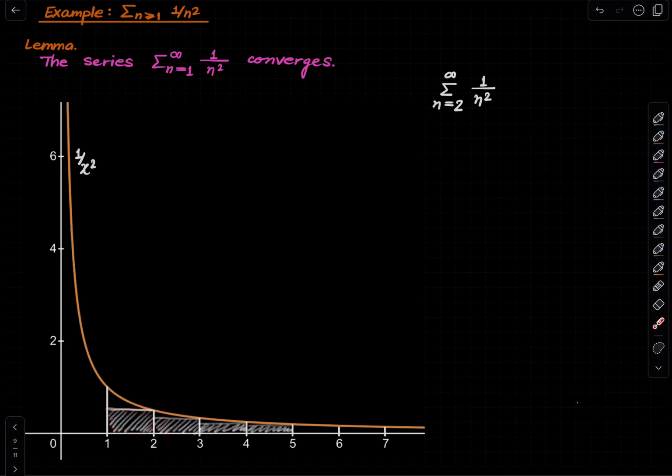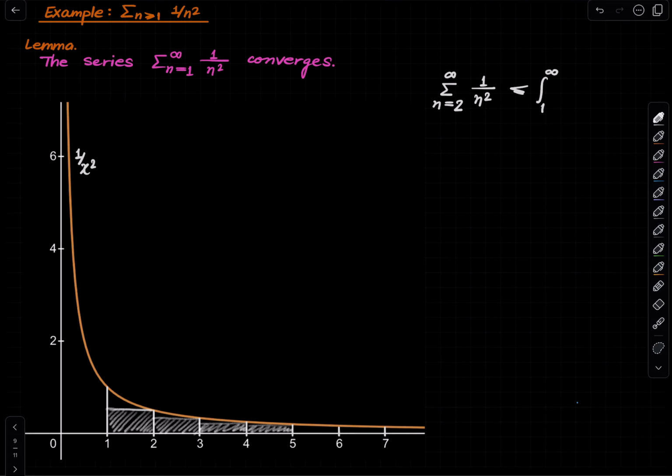All right. So clearly from the figure, the area under this curve starting at 1 dominates the shaded area. And the shaded area is precisely that sum. This is a little bit informal because the symbol infinity is present here, but that's okay. You can make this precise very easily. So this is at most the integral from 1 to infinity.